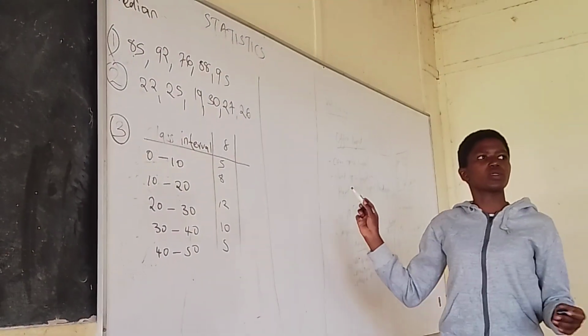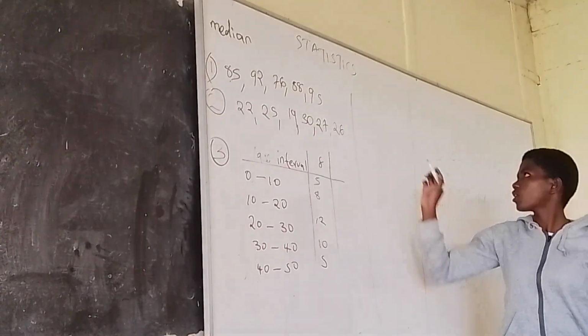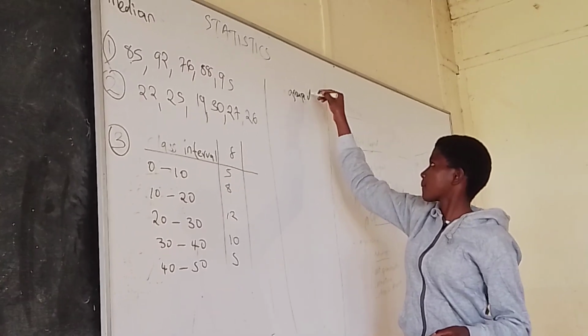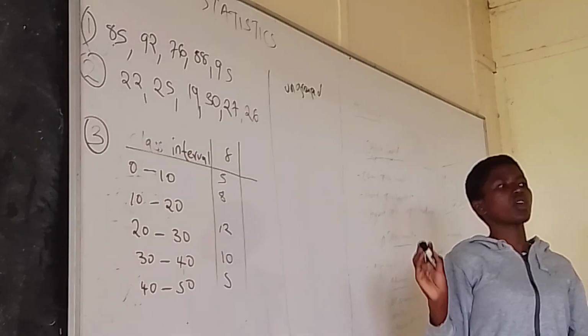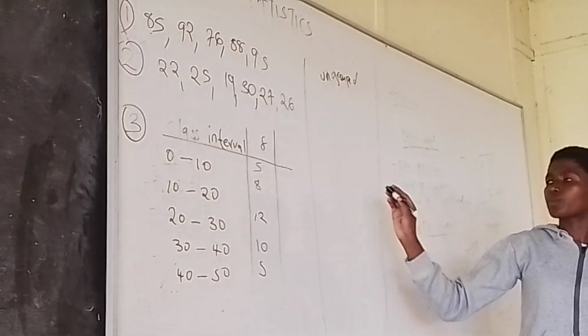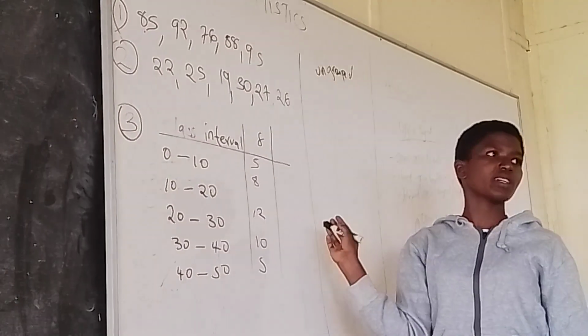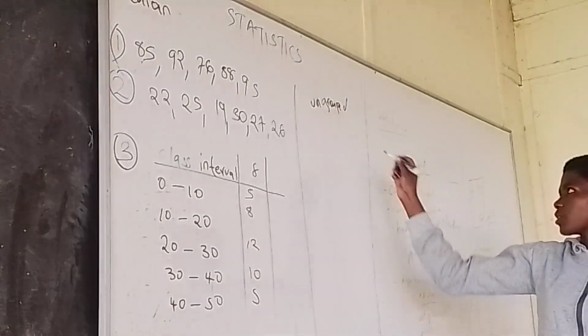So in finding the median of ungrouped data, what you need to do is to arrange the data you have been given in ascending order, then you find the median number. That's the median of ungrouped data.